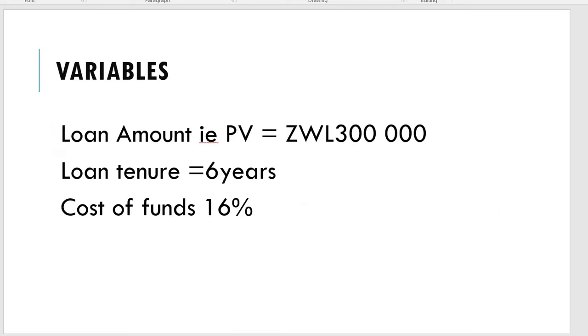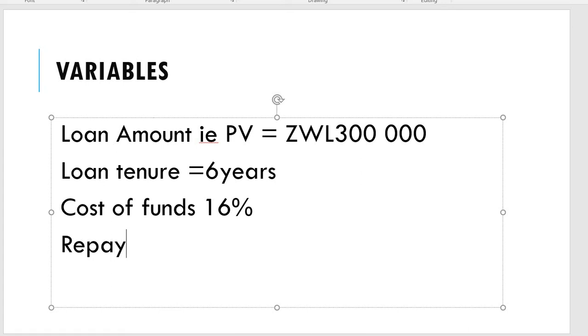Now, let's look at the variables that we have in that question. The loan amount in that question is 300,000. The tenure is 6 years. The cost of funds is 16%. And the repayments, we must actually take note of this. The repayments are annual, because there are instances when we have repayments being monthly.